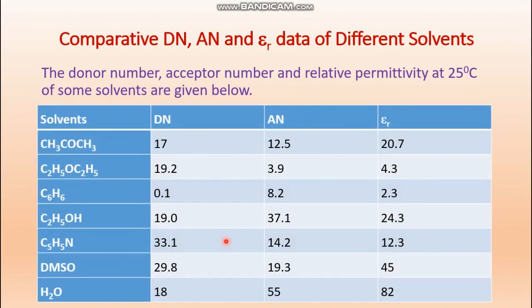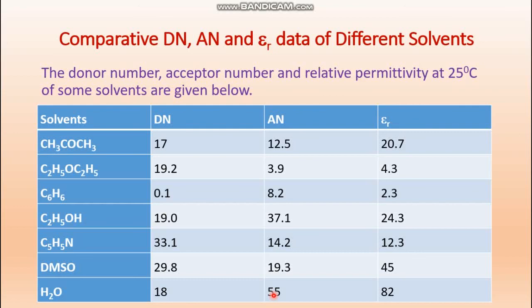And here is the table. This is the last slide of this lecture. Have a look. Here the relative permittivity of the solvents is also given. We find benzene has the lowest and water has the highest relative permittivity. And we find that the acidity of water is 55.